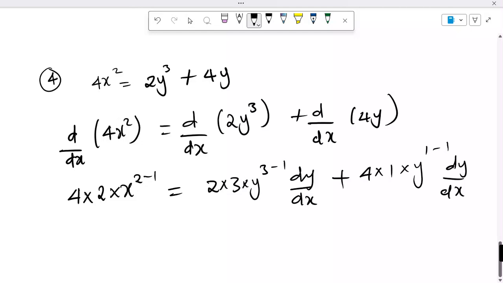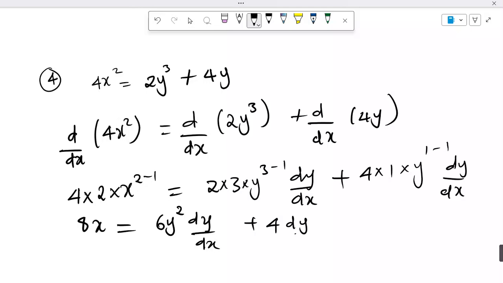Each y term will have dy/dx, that's the only secret. So 4 times 2 is 8x, 2 minus 1 is 1, so we just leave it like this. 2 times 3 is 6y, then 3 minus 1 is 2, so this is dy/dx, plus 4 times 1, which is 4, y to the power 0 is 1, so we just have 4 dy/dx.